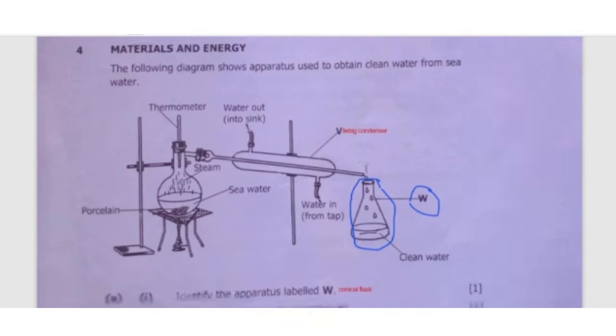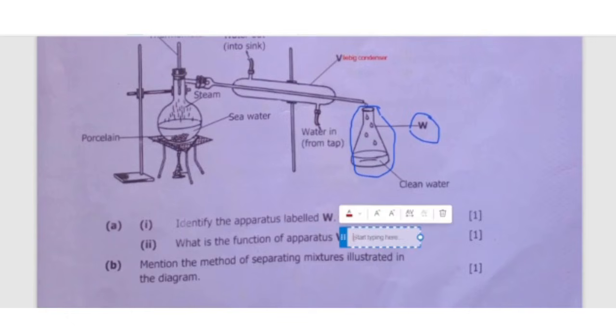So what is the function of this Liebig condenser? The function of this Liebig condenser is to condense water vapor into water. That's the function of the Liebig condenser.